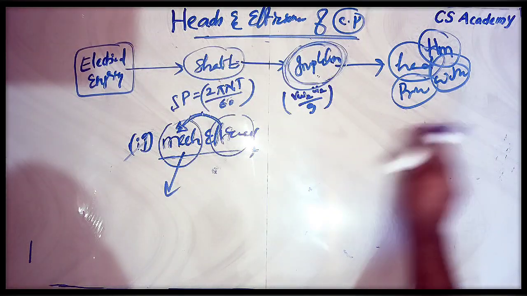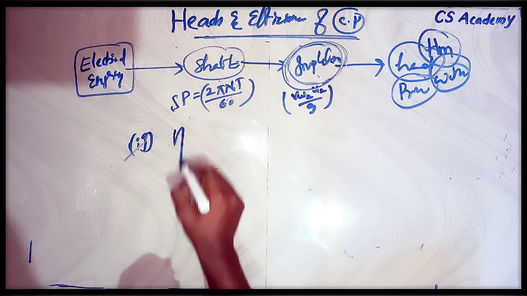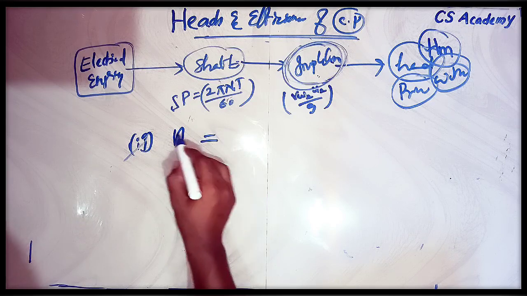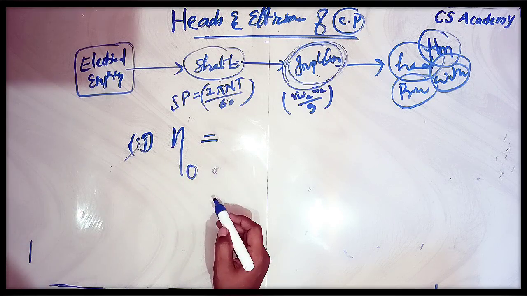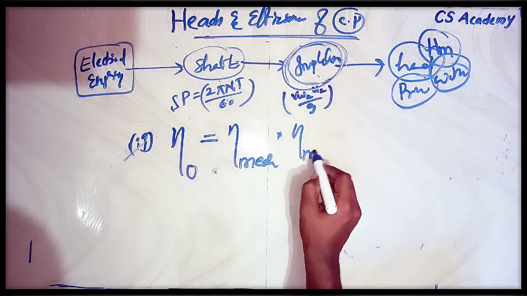One more efficiency is there, that is the overall efficiency. Overall efficiency we will denote with eta naught. Overall efficiency is nothing but the product of mechanical efficiency and manometric efficiency.